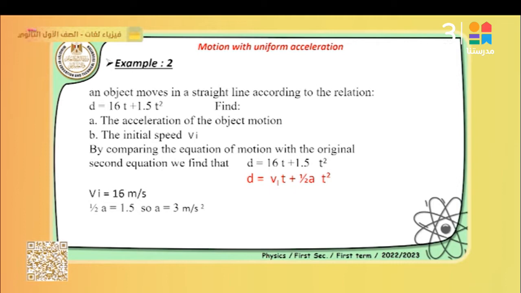So الـ half a equal 1.5، دي الـ half بتاعت الـ a. طب يبقى التوتال a equal إيه؟ 1.5 times 2 which is equal 3 meter per second squared.